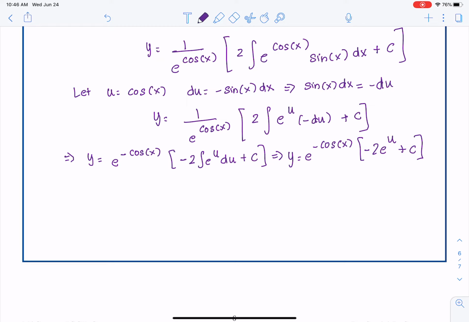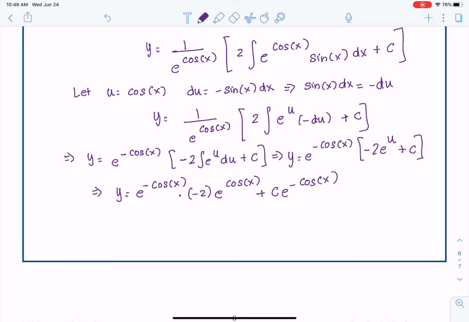Replace the u by our substitution, which is cosine x. So our solution is simply y equals e raised negative cosine x times negative 2 e raised positive cosine x plus c times e raised negative cosine x.